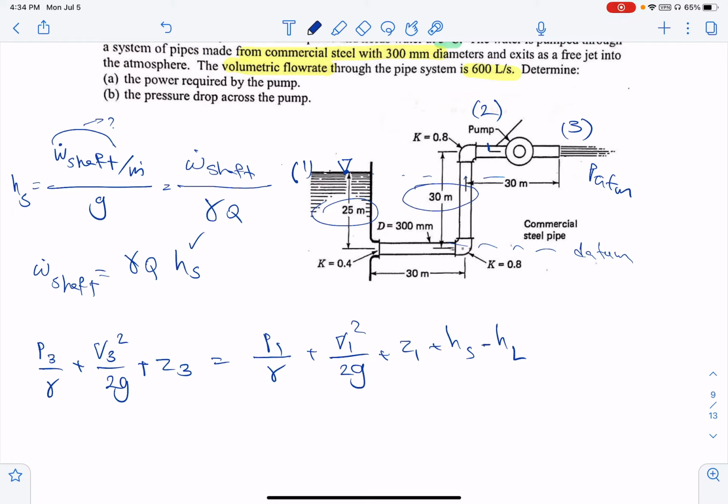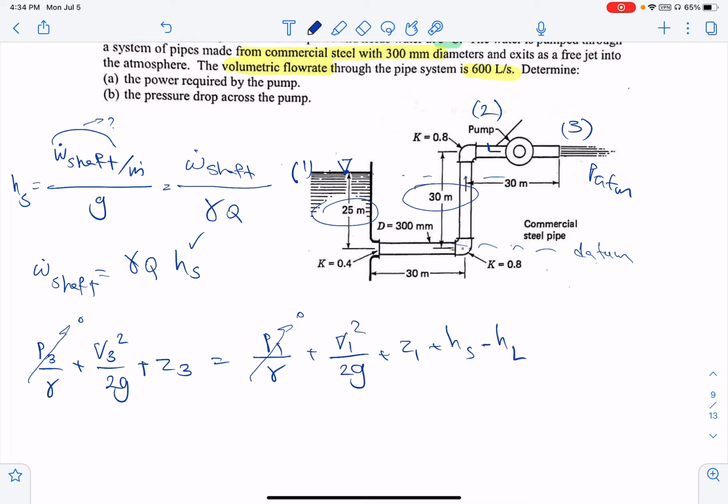So what else do we have? P3 and P1 are both P atmosphere, so these are going to be 0. And for V1, this is a large tank and this is a small pipe.